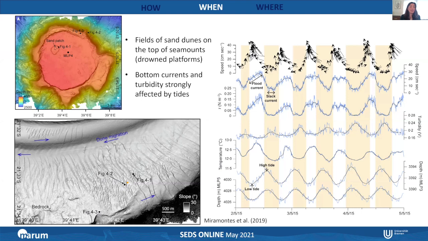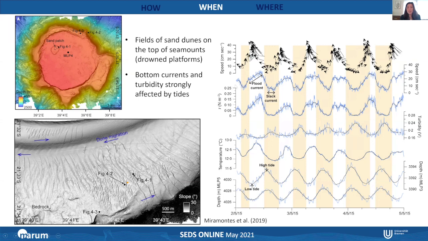And this variability can also be in very short term, so high frequencies. We did some in situ measurements of currents on the top of seamounts in the Mozambique Channel. There are some drowned platforms in the center of the Mozambique Channel that are in some areas covered by sand dunes.